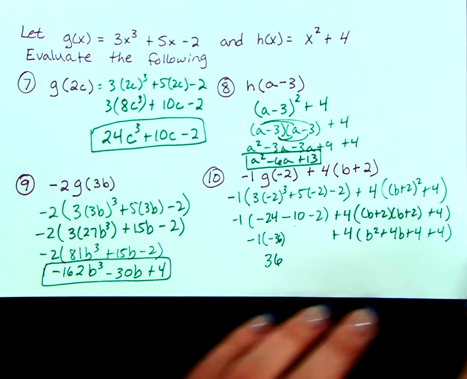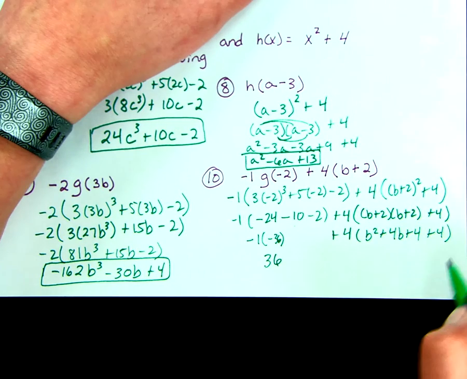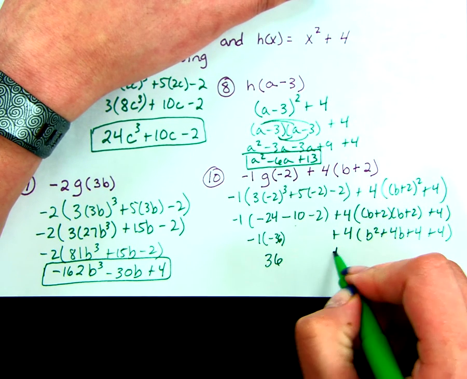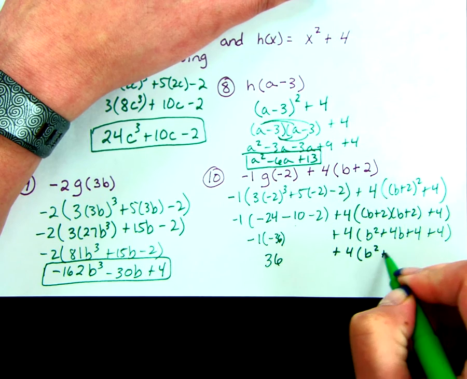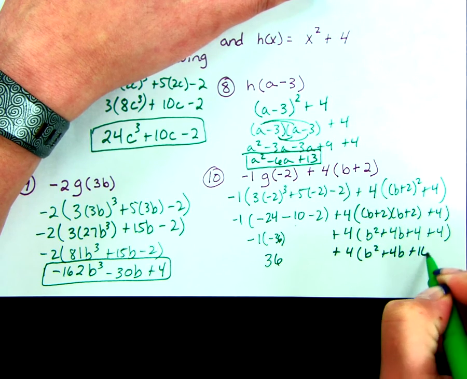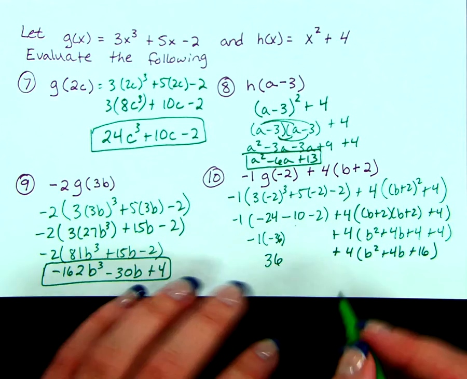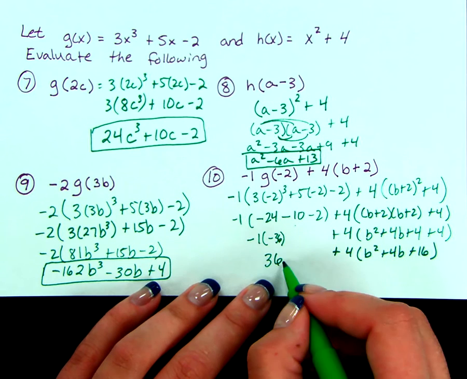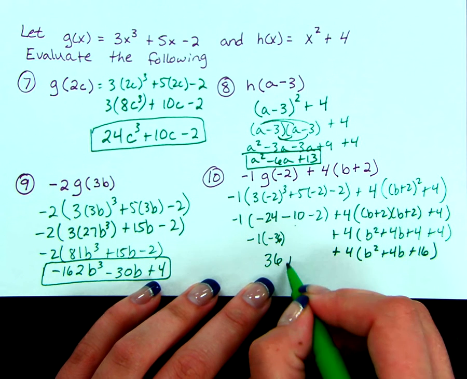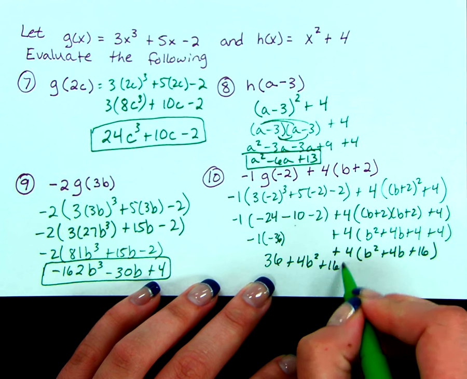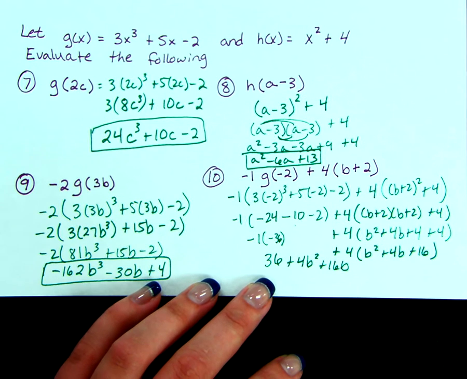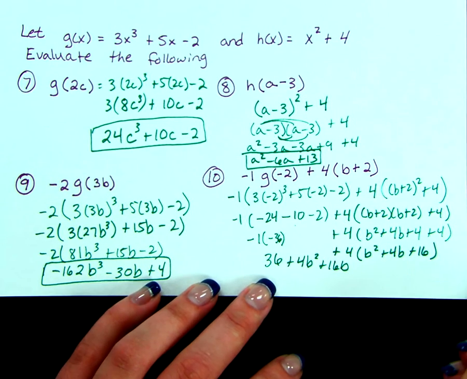So I'm going to combine my like terms and then distribute that 4 in. So b squared plus 4b plus 16. And then now I'm going to add it with this one, so I'm going to have a plus 4b squared plus 16b, and then 4 times 16 is going to be 64.